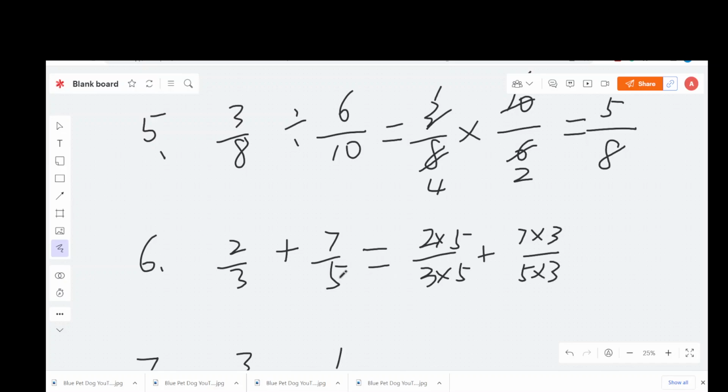Okay, so here we times numerator and denominator at the same time by 3, so it's equal to the original fraction. So this one is the same. So now the denominator is the same, so we can plus the numerators together.